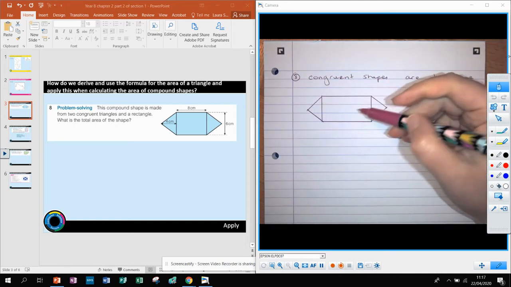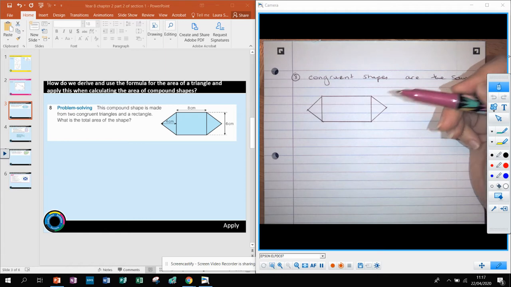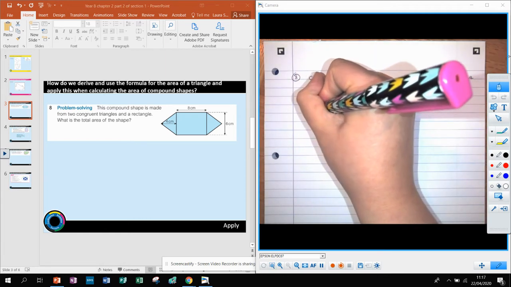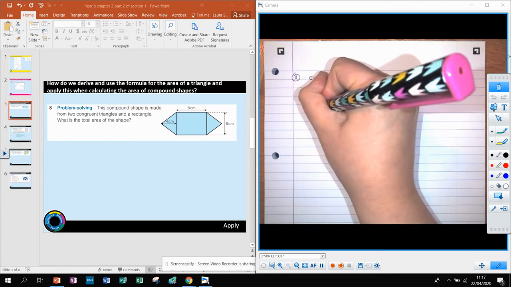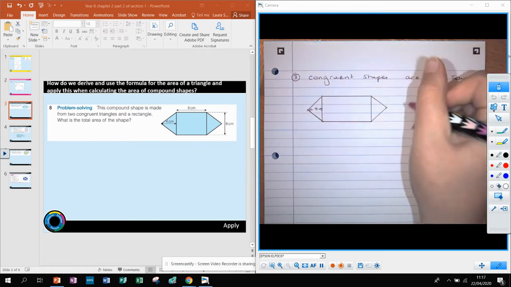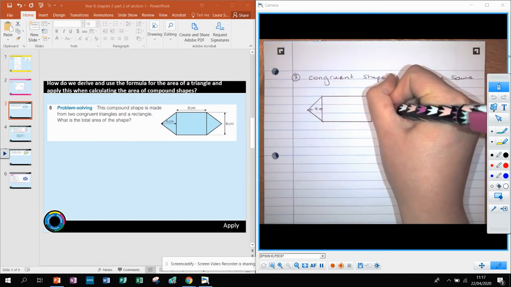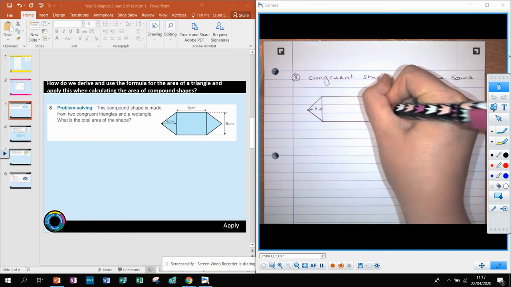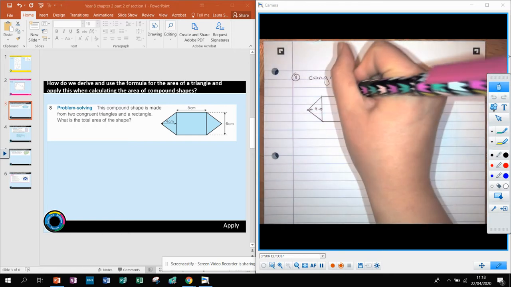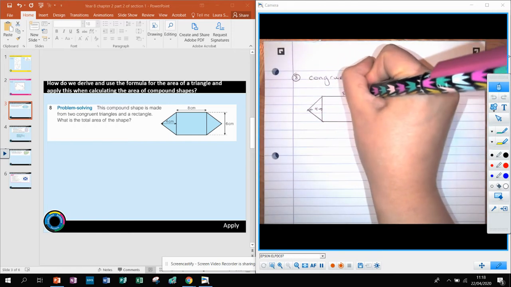Right, okay, and it told us that they're congruent, so I know that they're the same as each other. So this is 4 centimeters. I'm going to leave out the centimeters because it's hard to fit in there. Okay, then that means this is also 4 centimeters. They've told us that we have 8 centimeters going across.